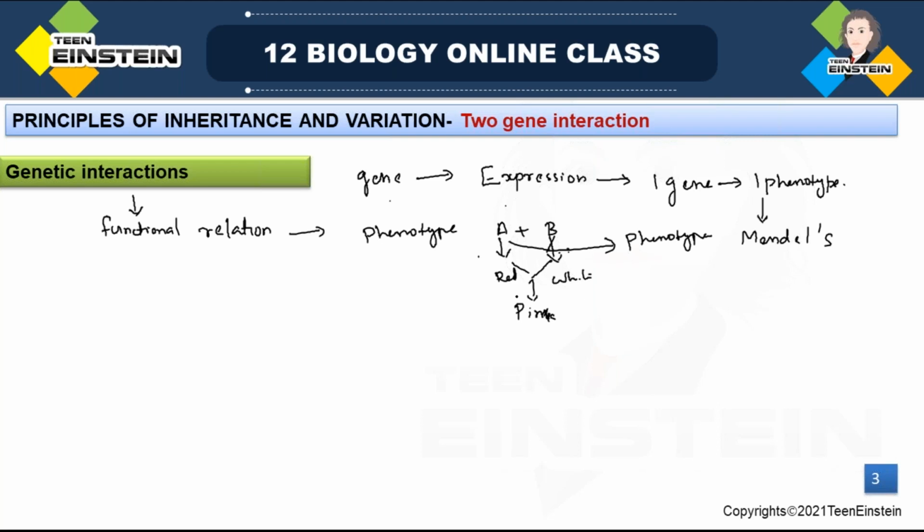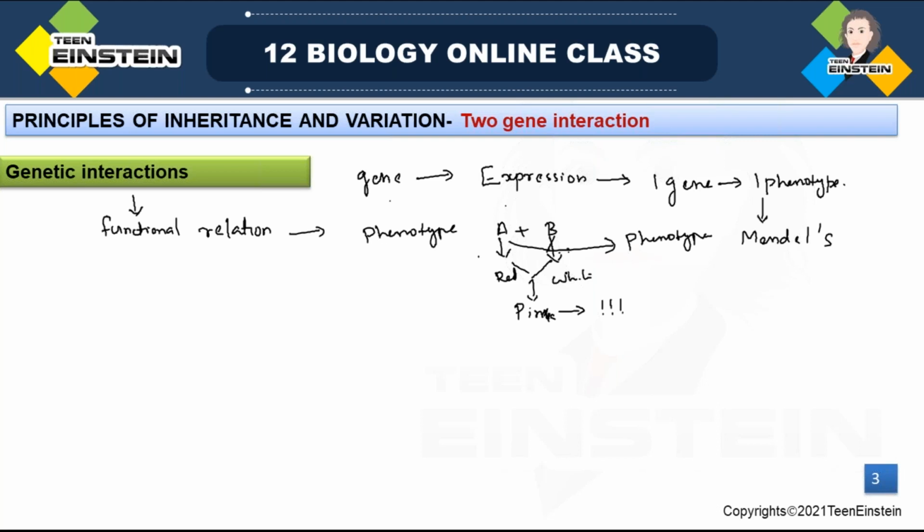But in gene interaction, it forms a different and unexpected phenotype. It is different from the parental character, and not an expected result.